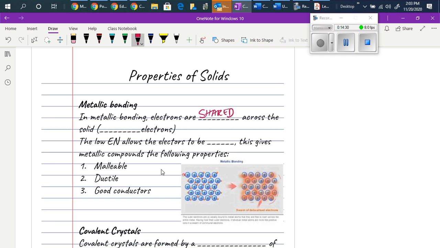The reason why they are doing this is because they are free to go. They are attracted to this particular nucleus, and the electron in the outer shell of this nucleus is attracted to another.